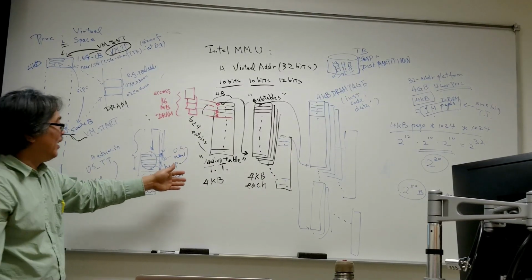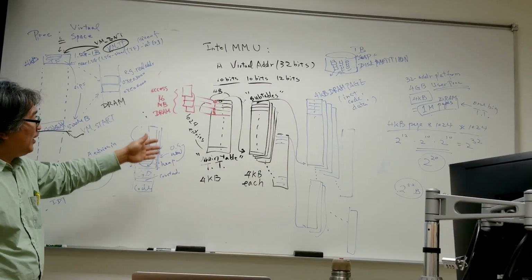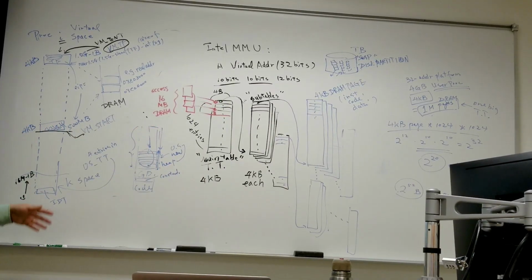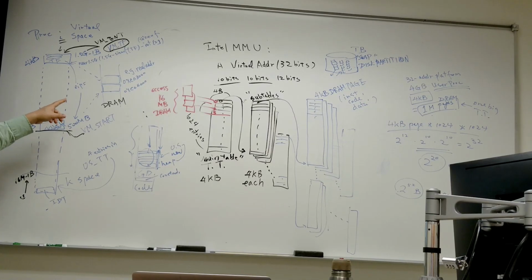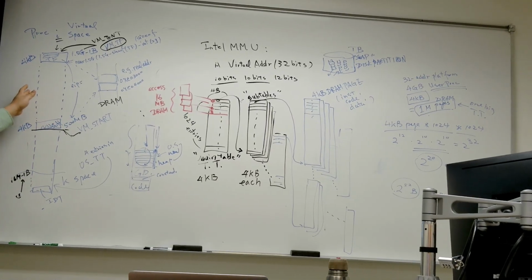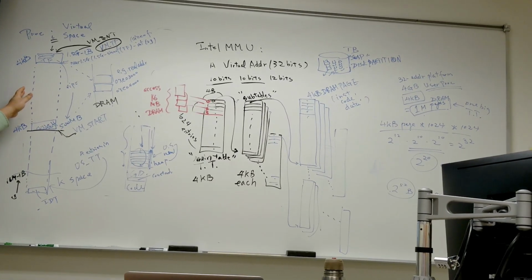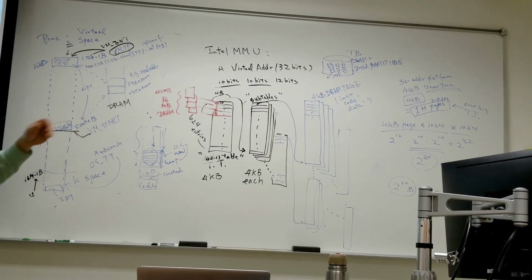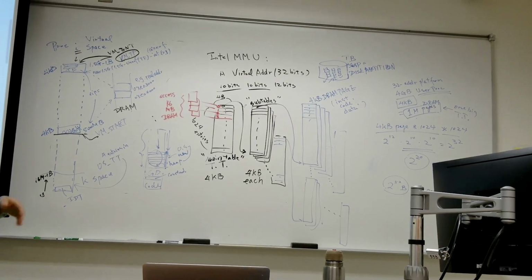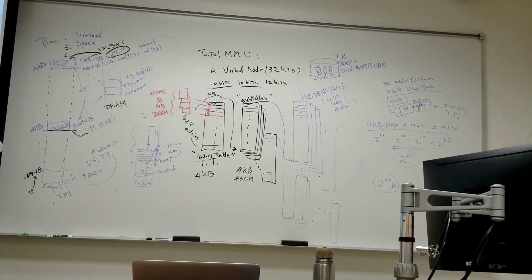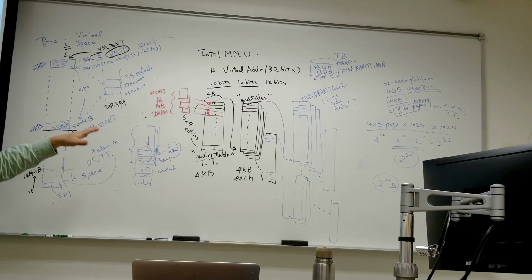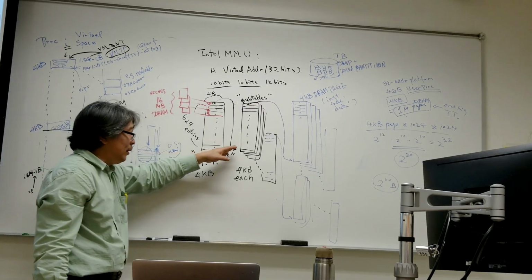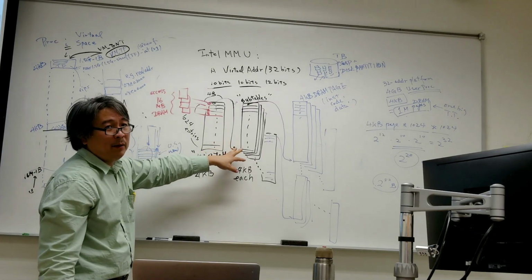If you think about what I originally said, there's only one table for one process to translate a 32-bit address, needing 1 meg entries to map to 1 meg DRAM pages. So it's not done like that. It's done by 2 tiers: main table and subtables. The subtables don't need to totally exist, so we have a savings of subtables.